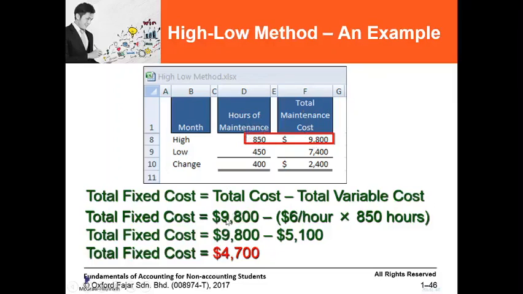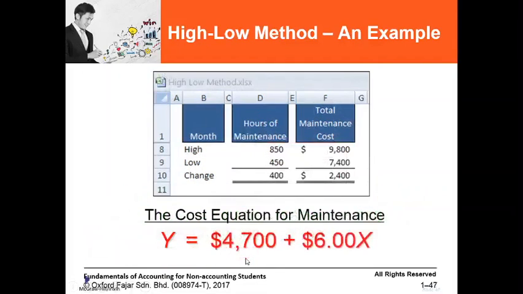So 9,800 minus 6 times 850 hours, then you will get 4,700. Similarly, if you want to use the low one, 7,400 minus 6 times 450, then you will get total fixed cost 4,700.